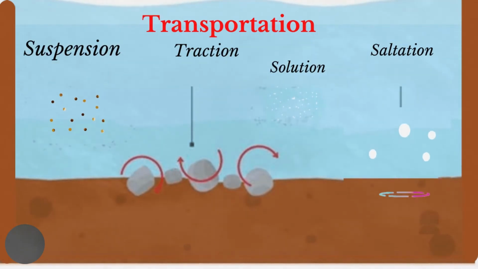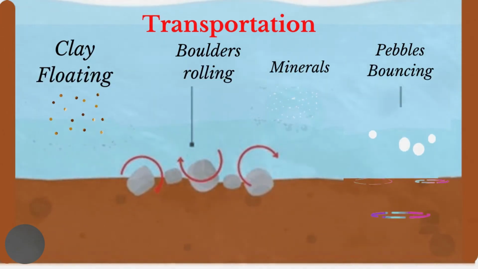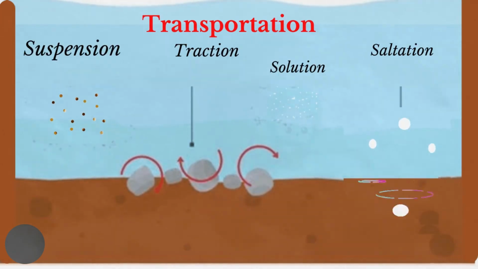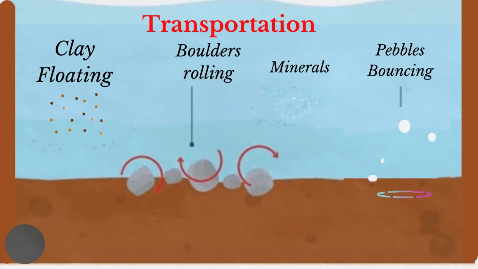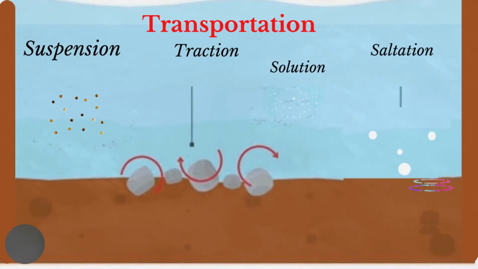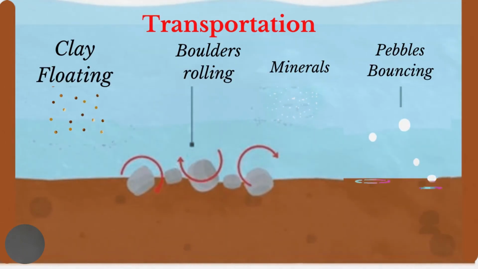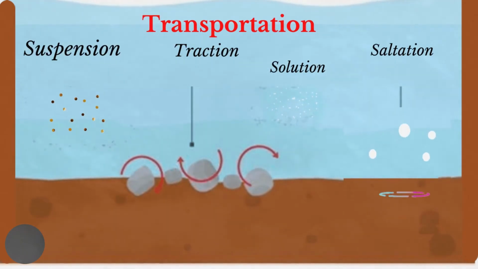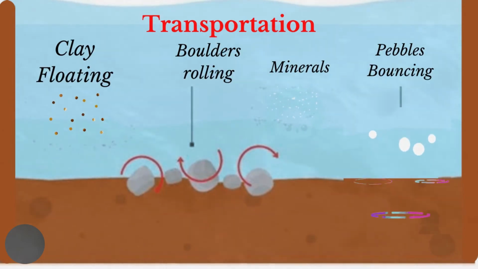So we have already talked about the Hjulstrom curve, and we understand that the size of the materials matters when it comes to erosion and transportation.